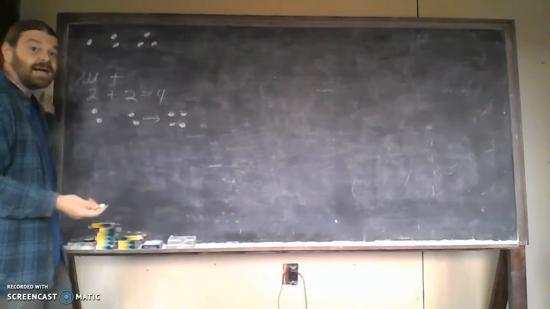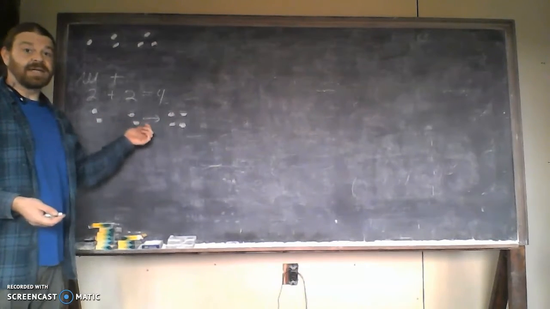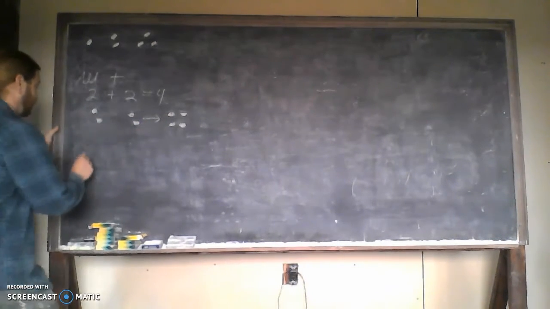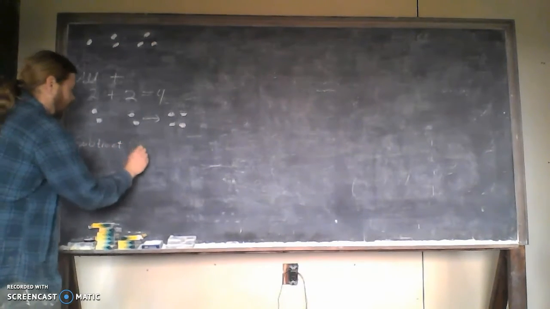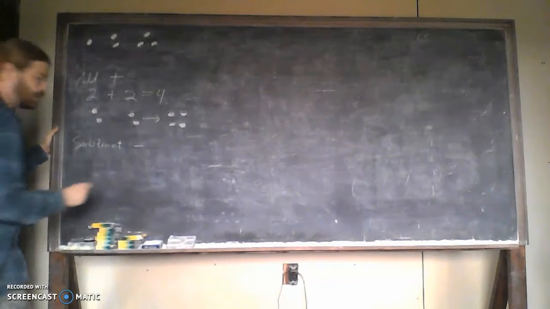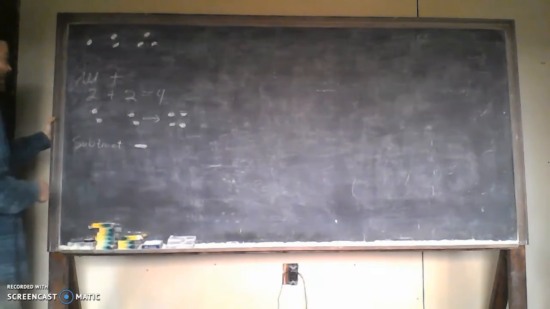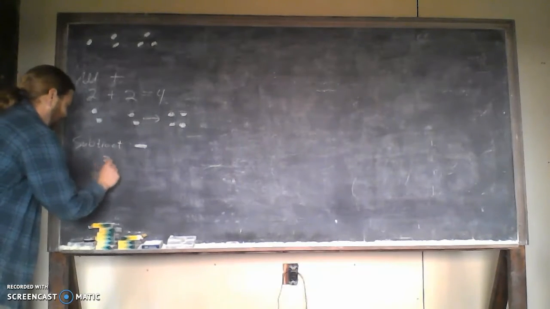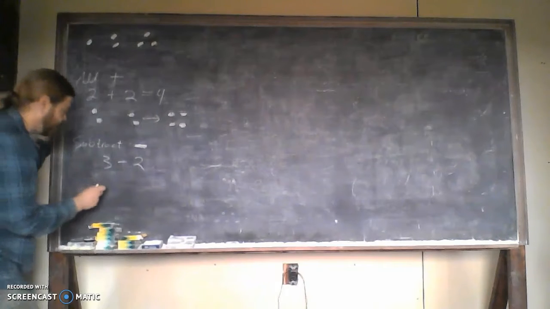And subtraction is kind of the opposite of that. Instead of adding on, putting more dots in there, we're taking dots away. Typically that symbol, which probably doesn't show up very good on the video, a little dash. I think everybody's familiar with that. So this time I'll do 3 minus 2. Kind of the same thing. So 3, our starting point.